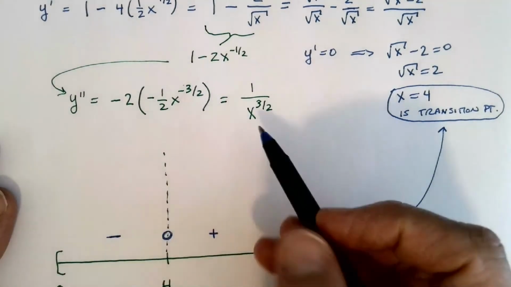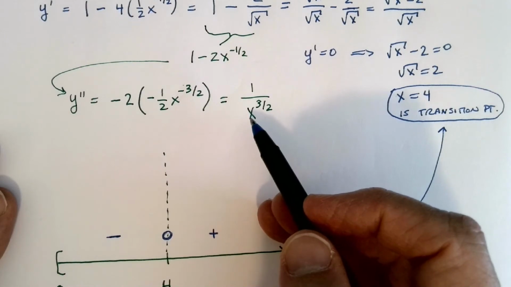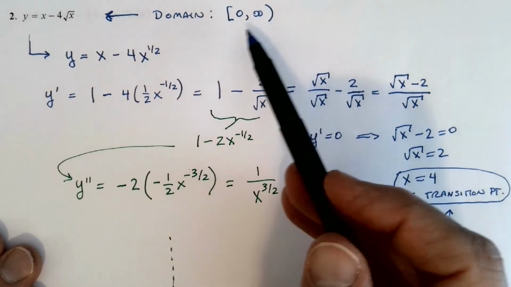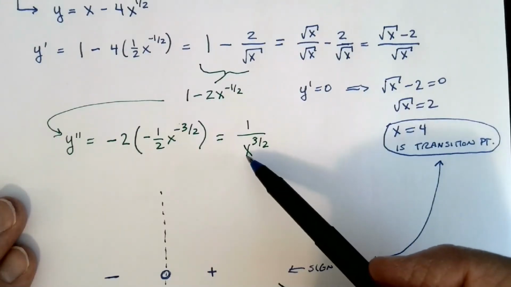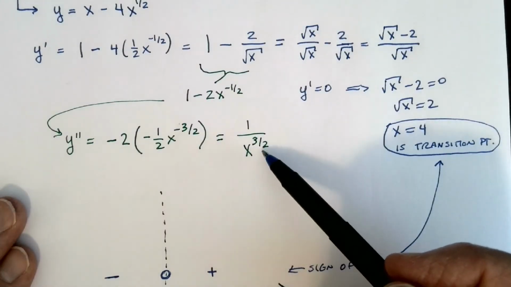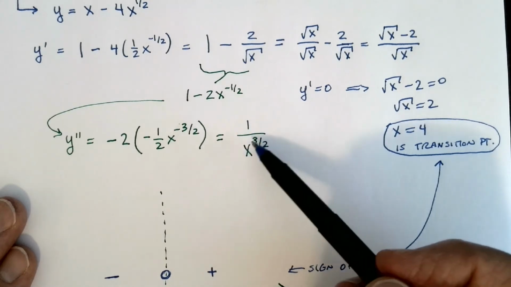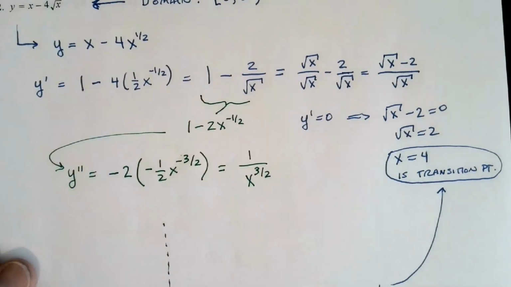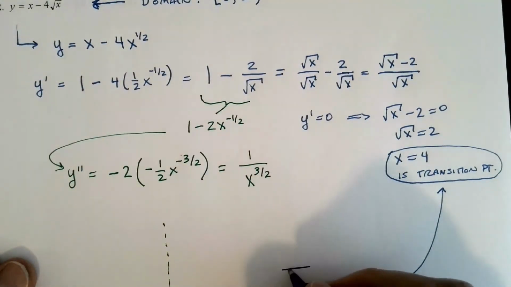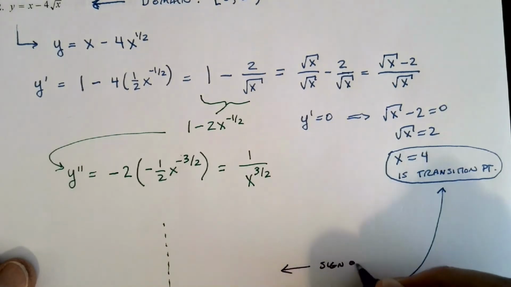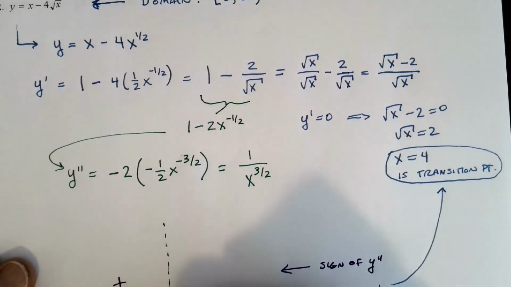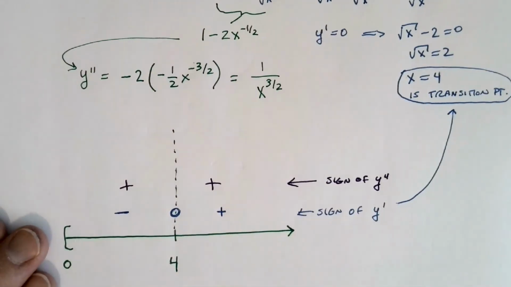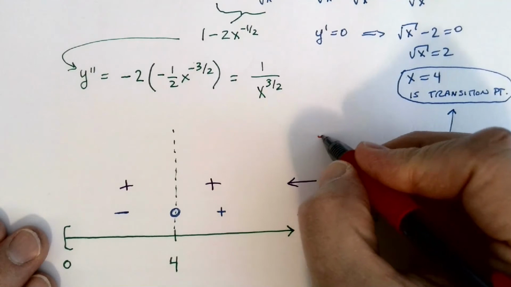For any value of x, remember, I'm only plugging in positive values, right? If I take any positive number and raise it to the 3/2 power, the result is positive. So the second derivative is always positive. So positive, positive there.